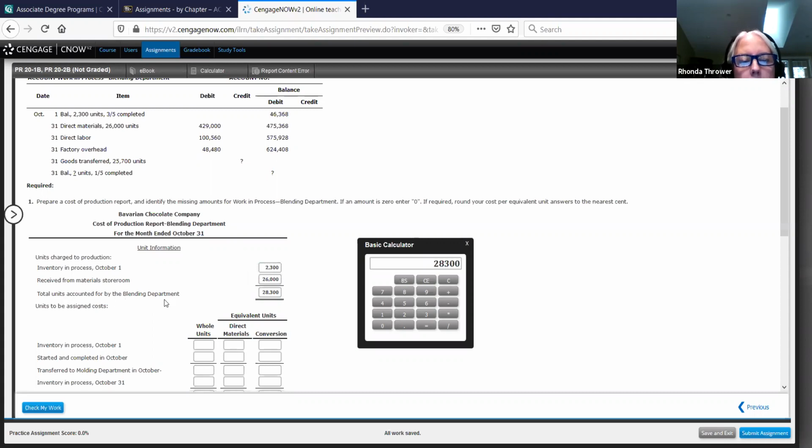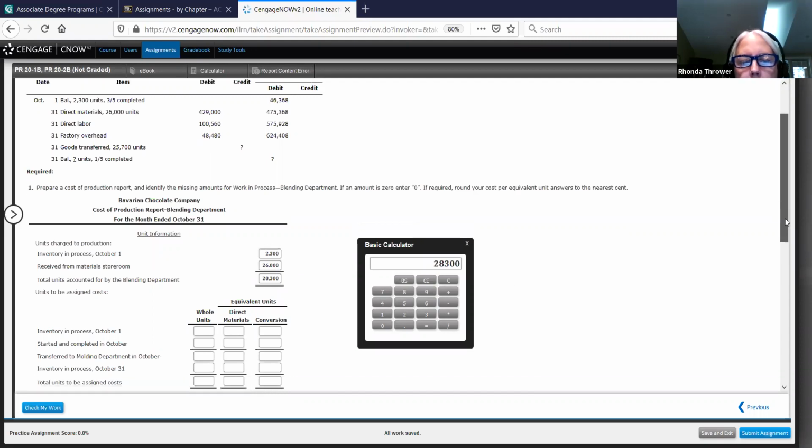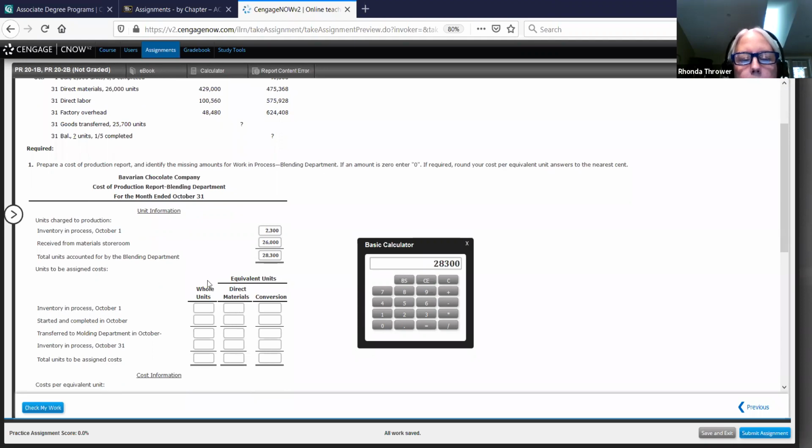Now, in the second part of the unit information, we really are reconciling what you put down here. We're going to reconcile this based on what we call whole units. If I were a student, what I would start with is my whole units first and complete all of those. Then we'll talk about equivalent units for direct materials and conversion.